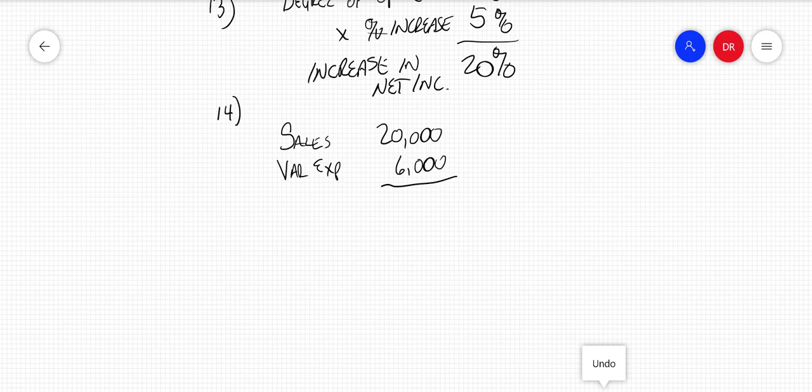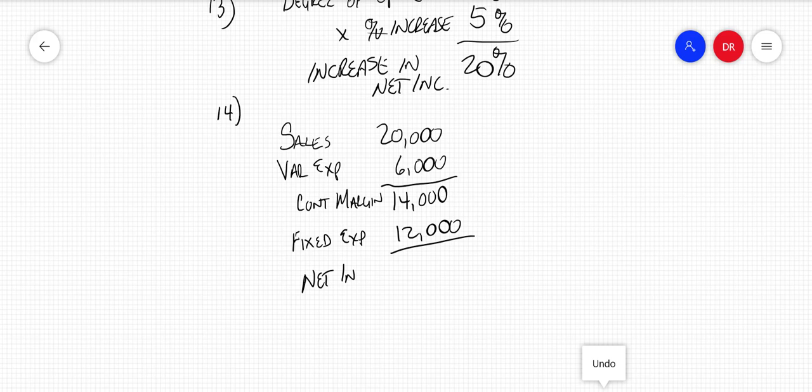So we have a contribution margin of $14,000. Our fixed expense will be $12,000. That means our net income will remain the same at $2,000.